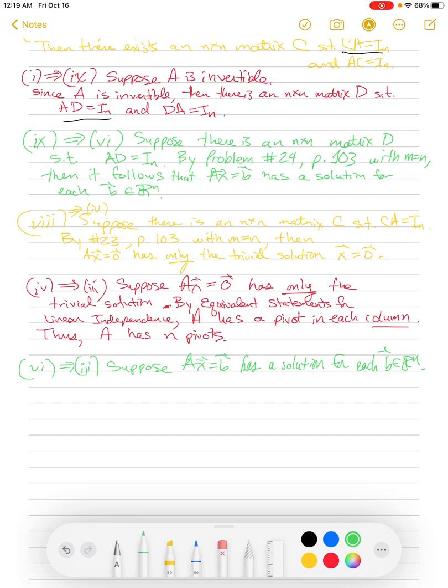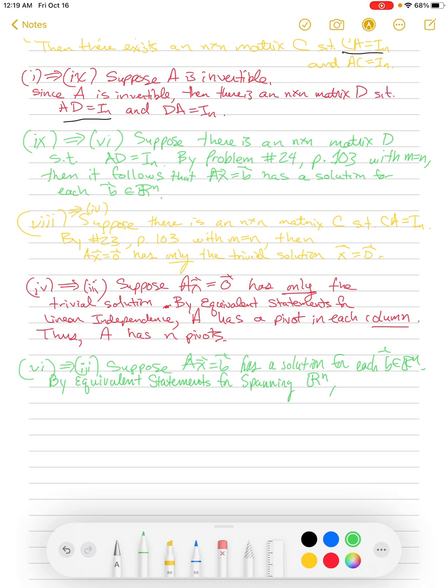So if you remember the equivalent statements for spanning Rn, in this case, and before we would say spanning Rm, but we're now changing it to Rn because rather than m rows and n columns, we have n rows and n columns. So by equivalent statements for spanning Rn, if Ax = b has a solution for every vector b in Rn, that means the columns of A span Rn.